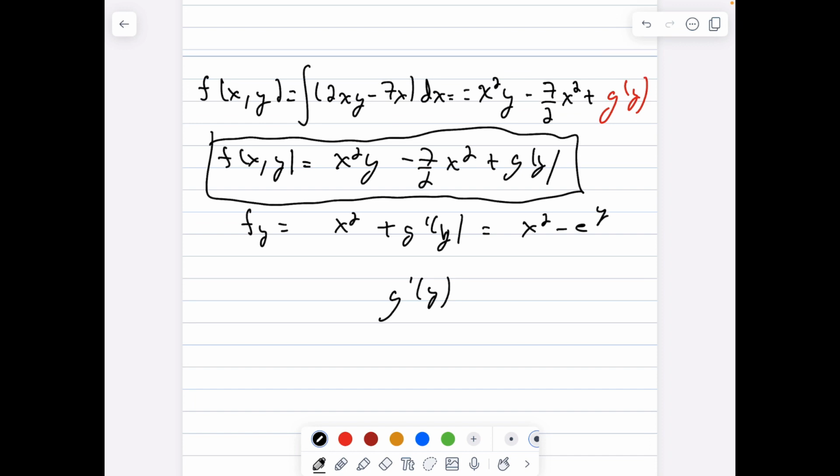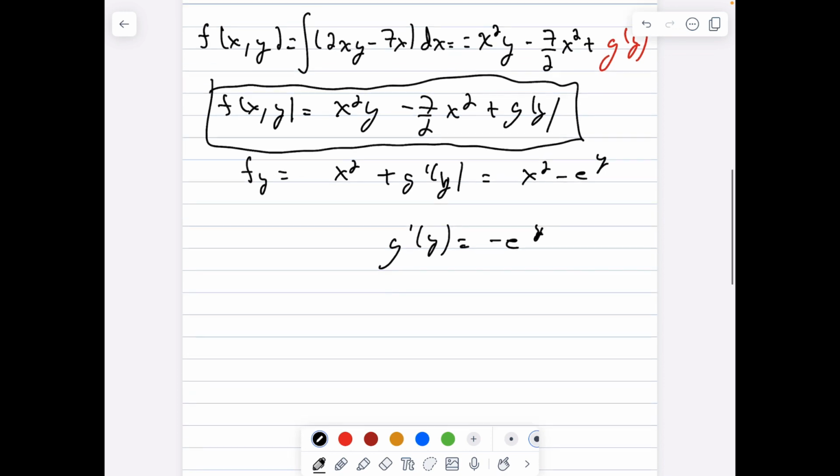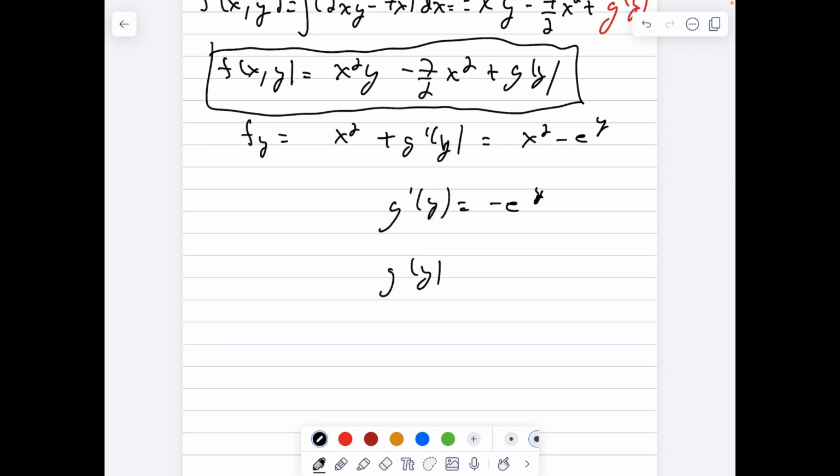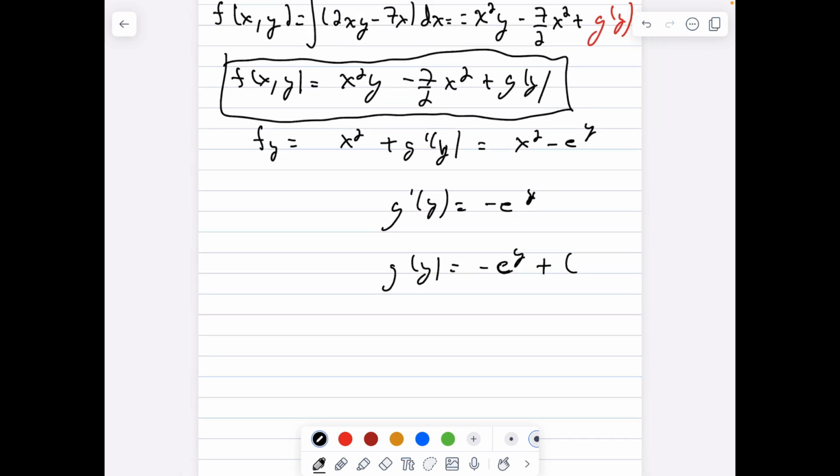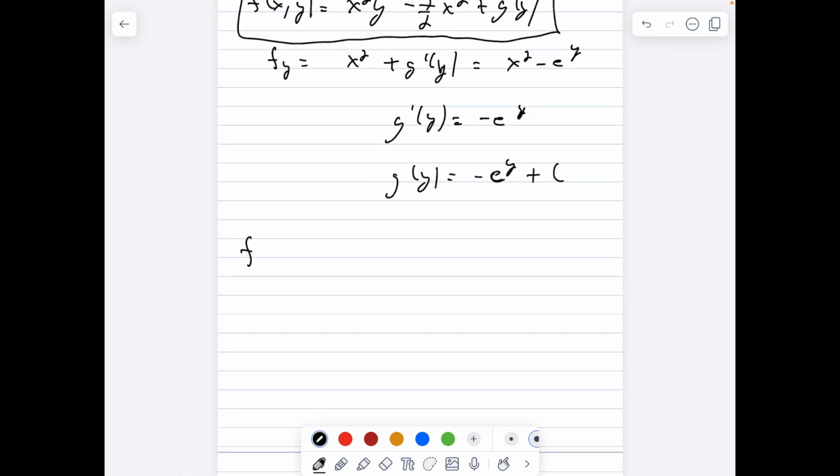In this case, you'd get g prime of y equals minus e to the y, and if you integrated, you would get minus e to the y plus some constant. So your potential function, we say, has to look like x squared y minus 7 halves x squared minus e to the y plus c. And c is some arbitrary constant here.